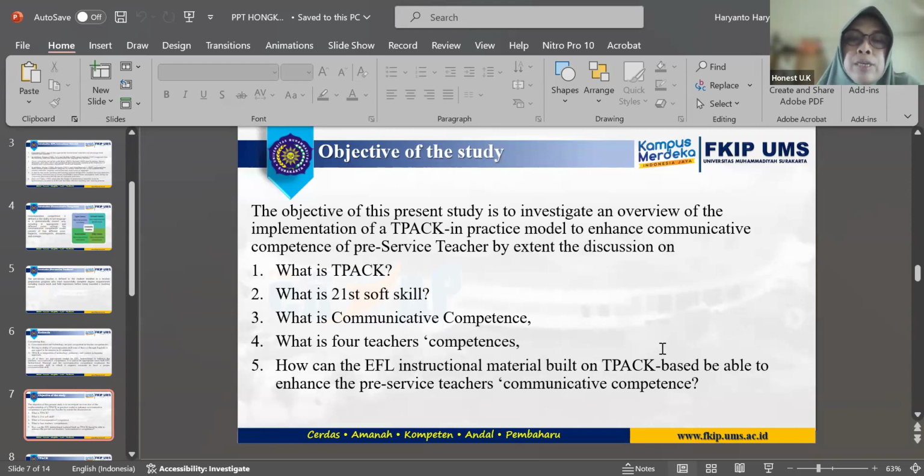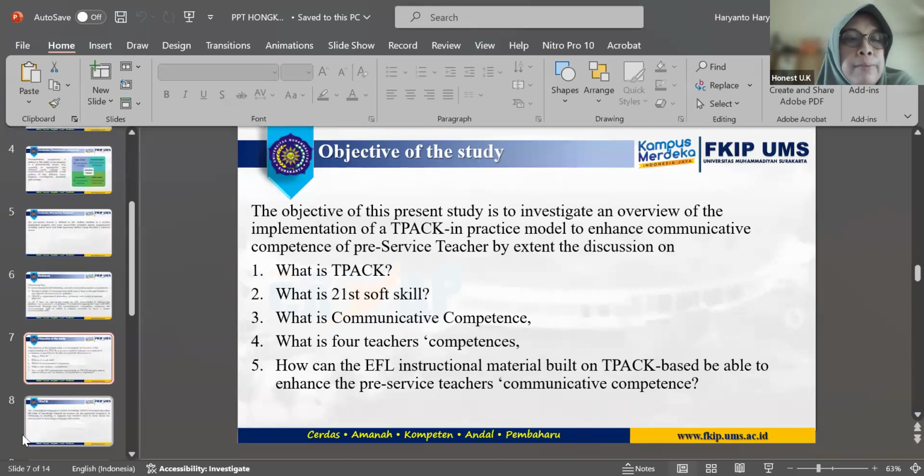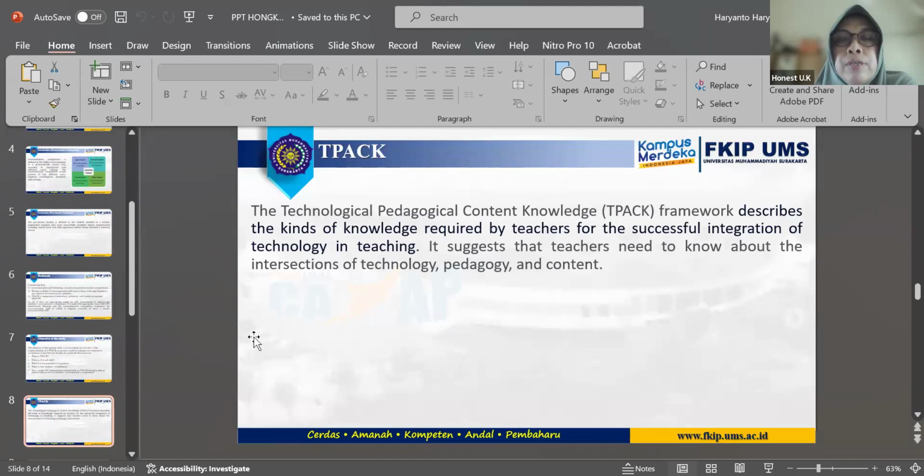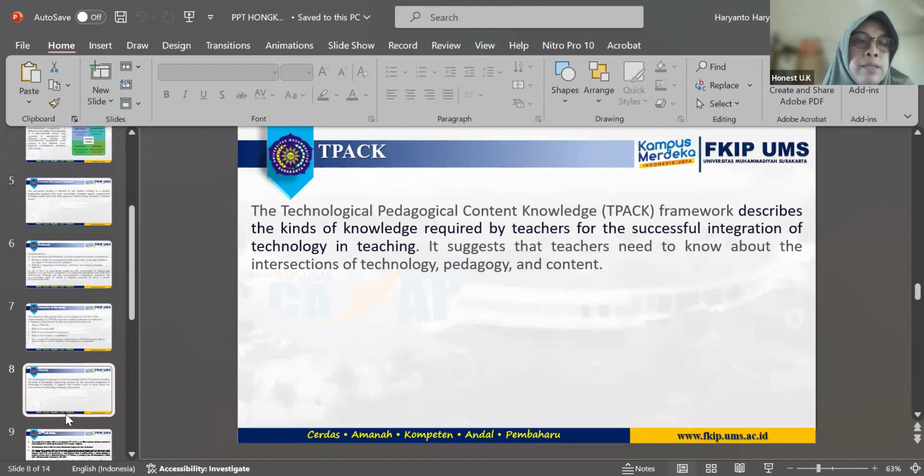And the last one is how can EFL instructional material built on TPACK be able to enhance the pre-service teacher's communicative competence? Well, I'll first start from TPACK. The TPACK framework describes the kind of knowledge required by teachers for the successful integration of technology in teaching. Therefore, teachers need to know about the intersection of technology, pedagogy, and content.